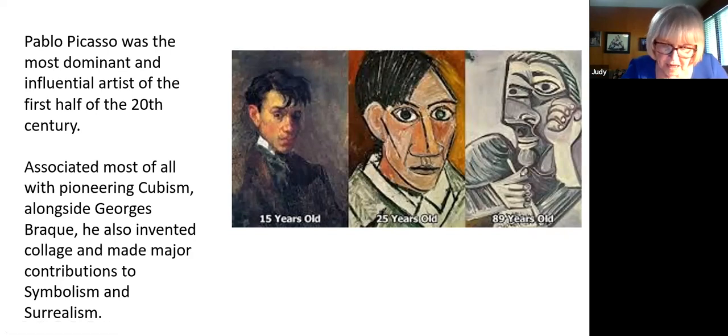Now, what the Cubists tried to do, and I have to tell you, I did not relate to these paintings. I don't know about you. It took a lot for me to appreciate them. I guess I didn't understand them. So one explanation I heard was, imagine you have a jar on a tablecloth on a table, and you pull the tablecloth and the jar falls and breaks into many pieces.